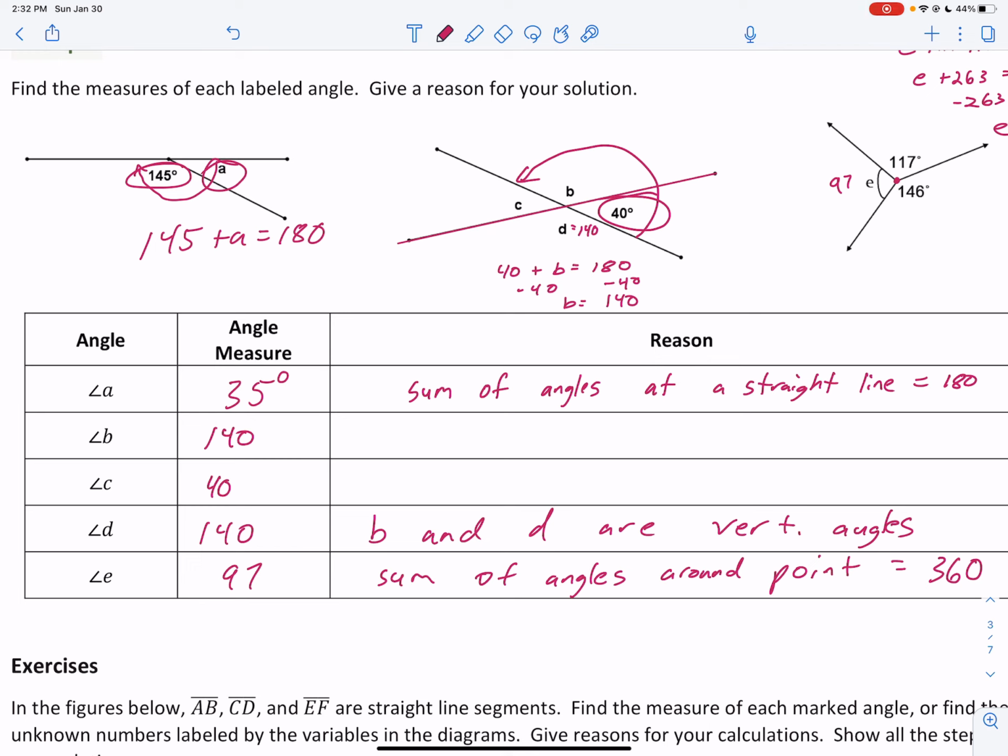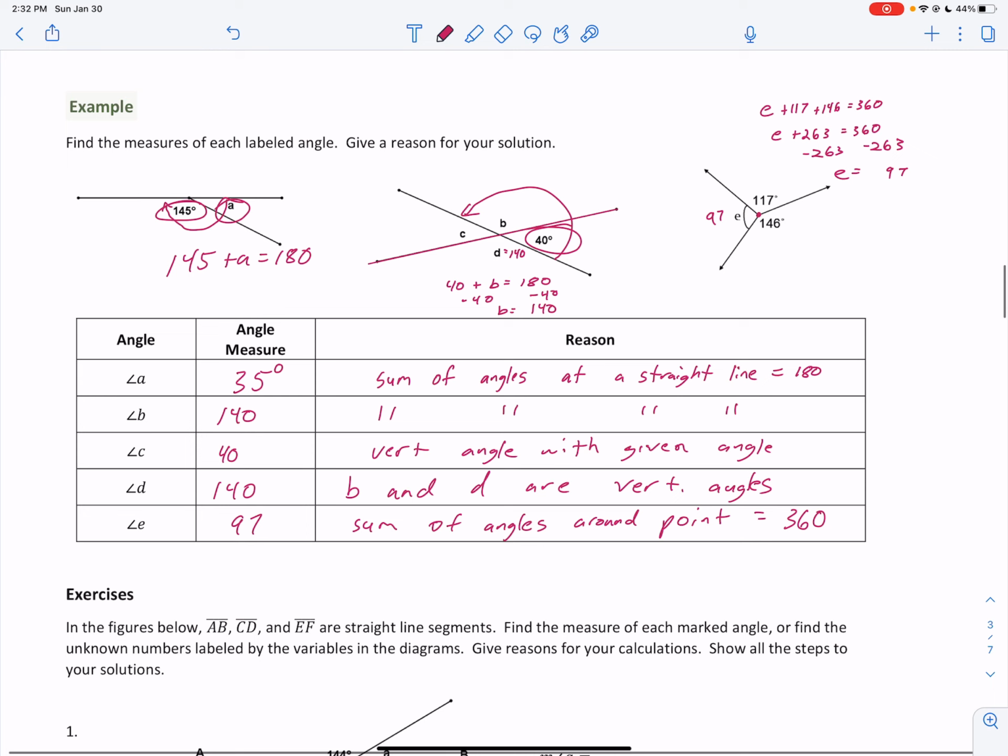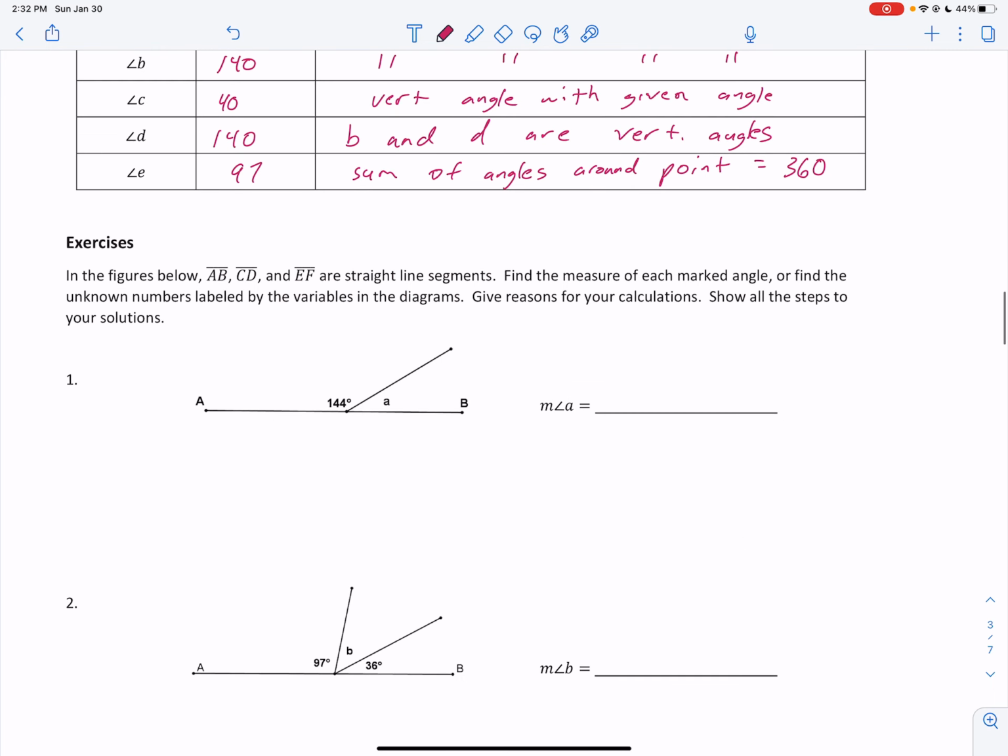So for B, I'm just going to put ditto marks right here. And then for C, I can say vertical angle with given angle. Just so that if we want to look at it, we really know.